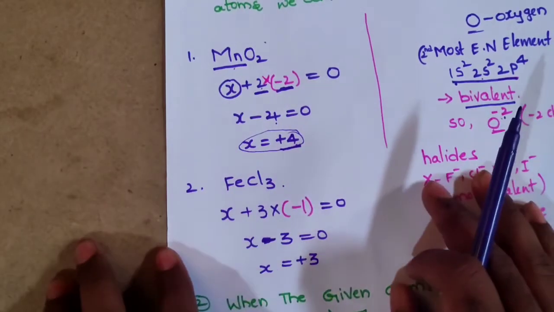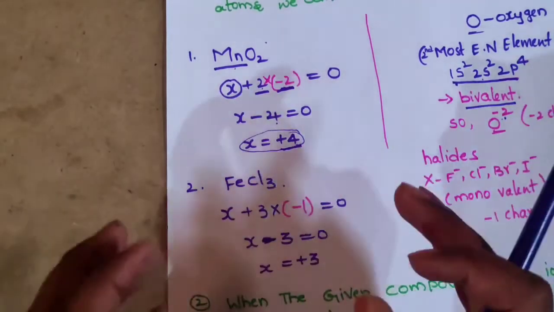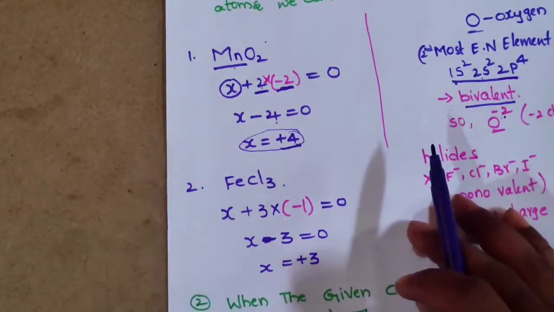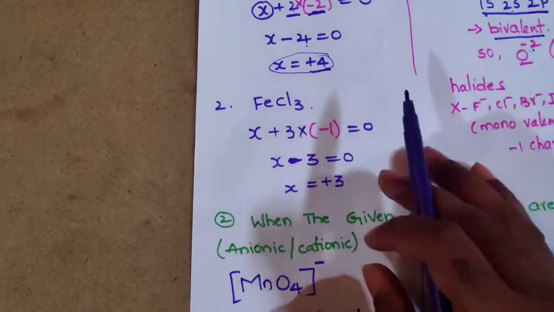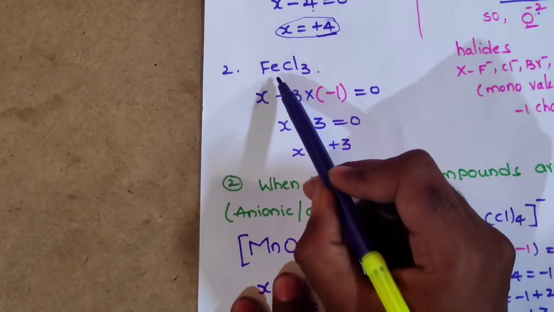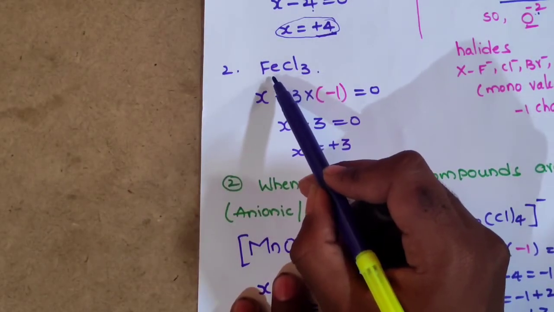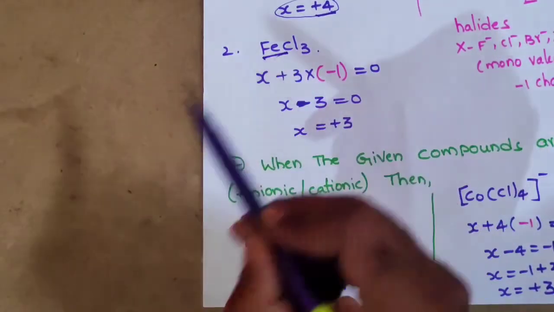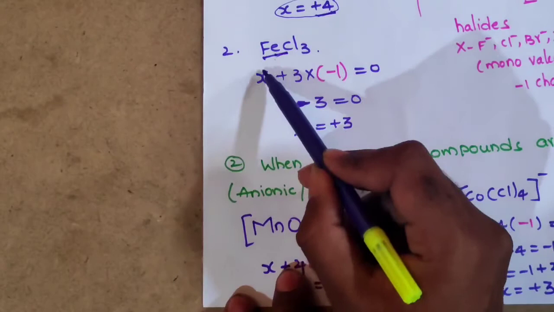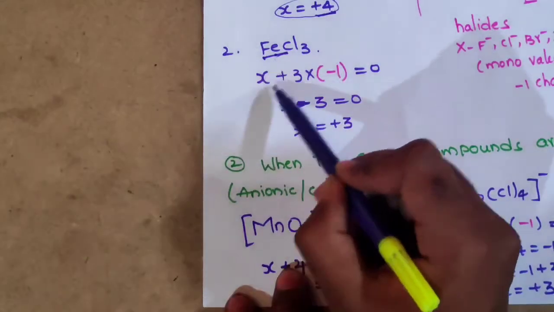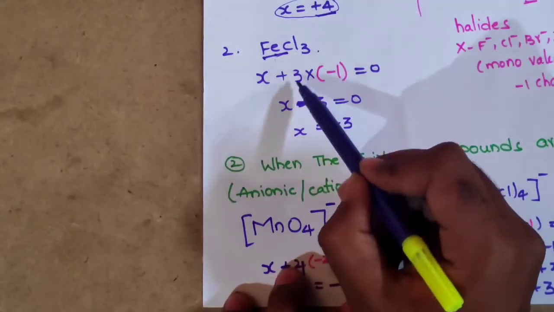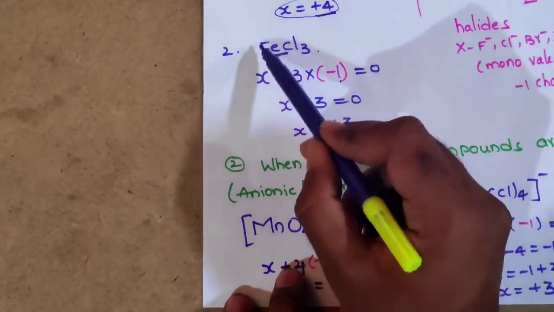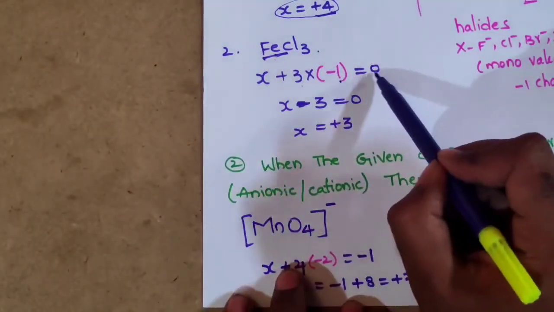Similarly, we have to solve the oxidation state for every metal atom in the given options. So when it comes to the second compound, that is ferric chloride, FeCl3, the first step is to consider the oxidation state of iron as X, and we have 3 chloride ions. Each chloride ion is -1 and it is a neutral molecule, so equate to 0.